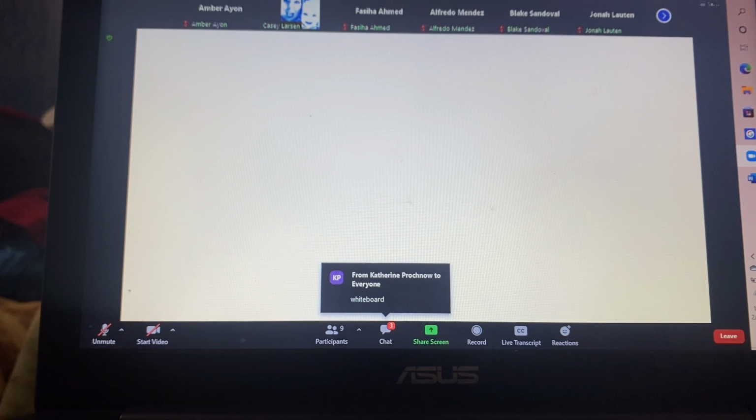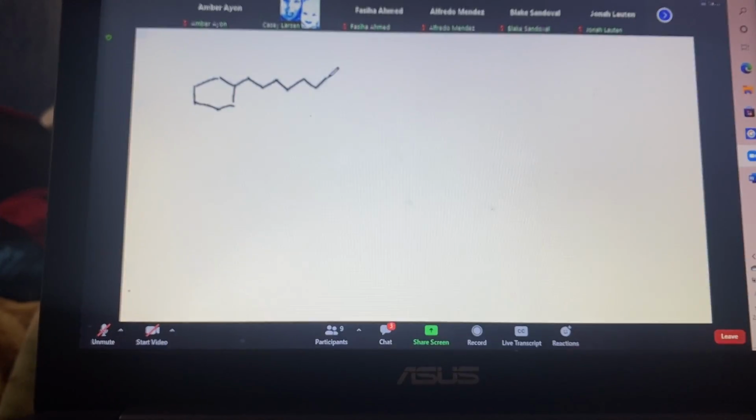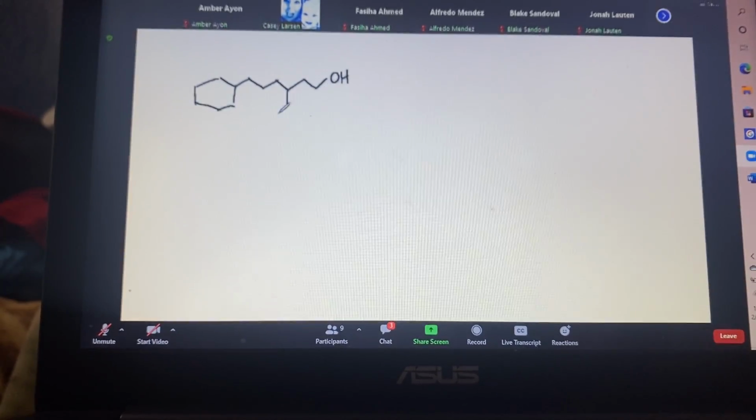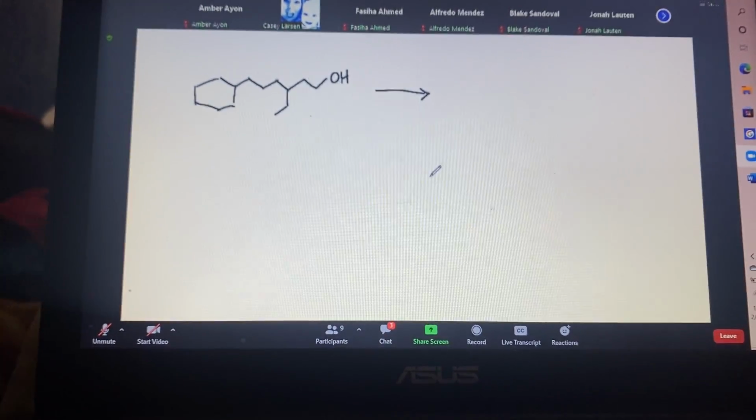All right, great. So I'm just going to randomly draw a molecule. So I'm drawing a really big, gnarly looking molecule.